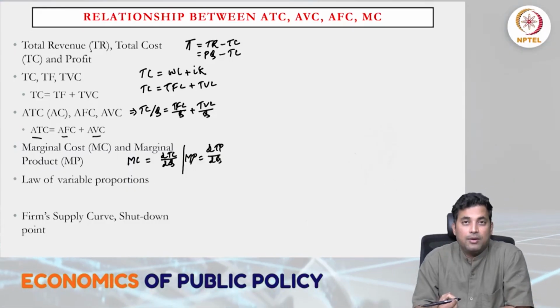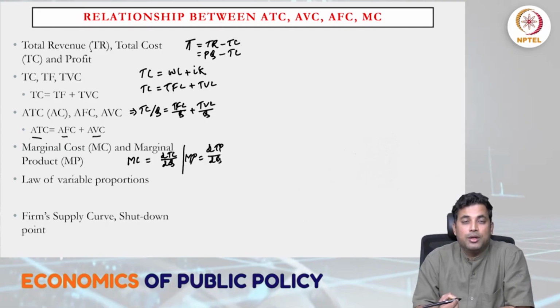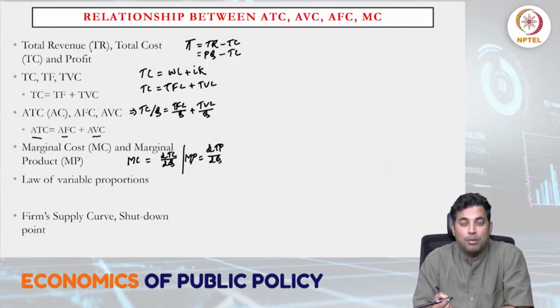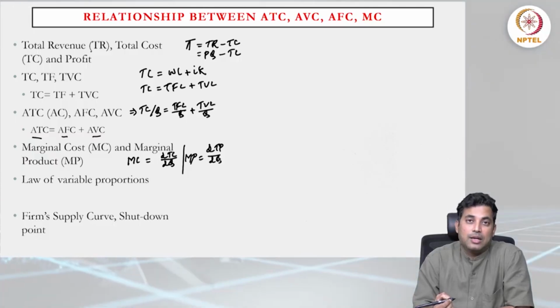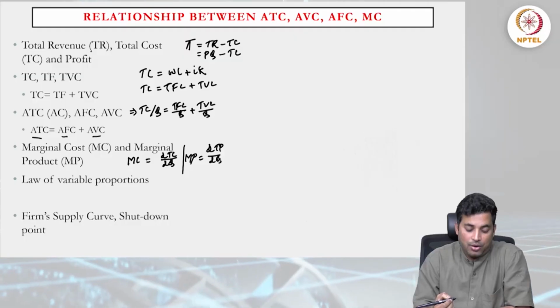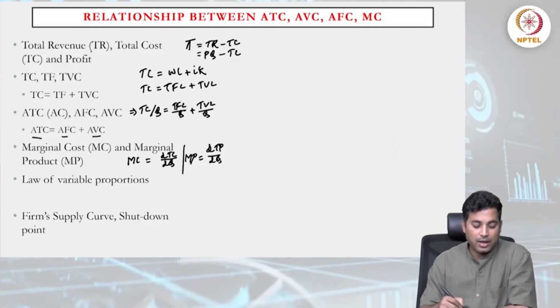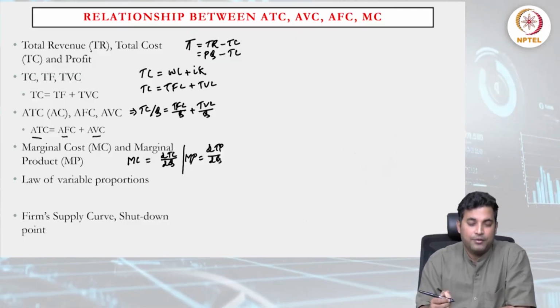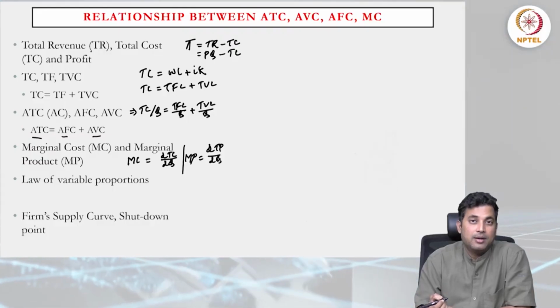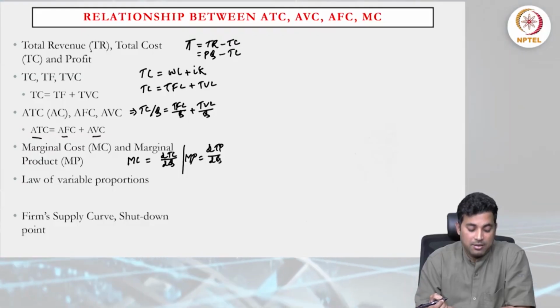So when a firm tries to produce an additional amount of a commodity, the firm needs to calculate marginal productivity and also marginal cost. And we already discussed the law of variable proportions with one and then with two variables also.